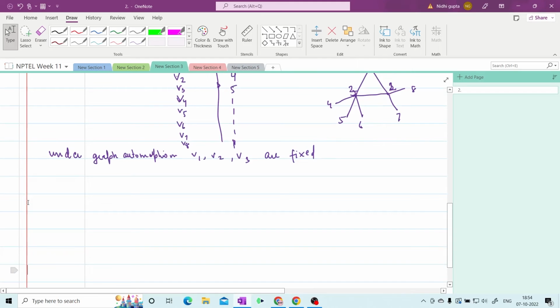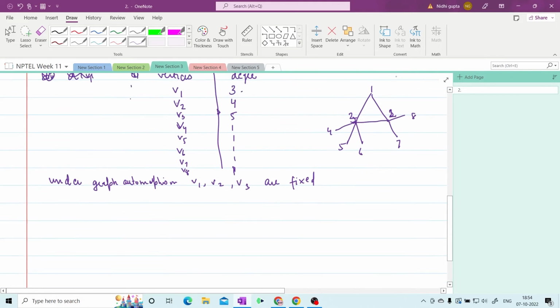But here we have another condition. The first three vertices, which lie on the triangle, are fixed. Another condition on the graph automorphism is that if 3, 4 is an edge, meaning vertex 3 and vertex 4 make an edge, then the images of these vertices should be an edge too.